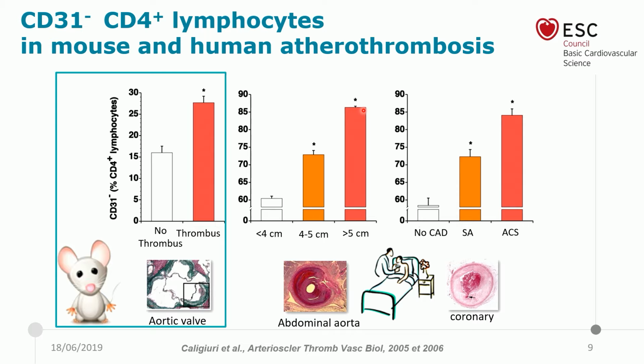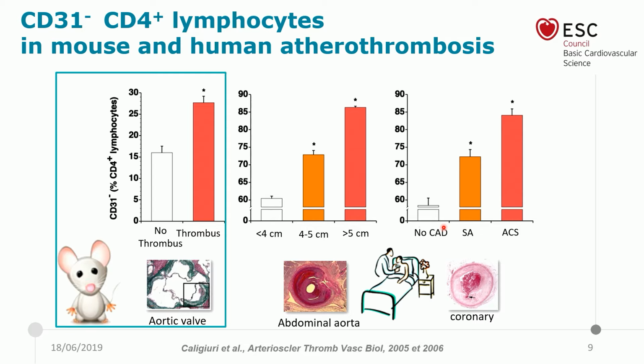The same we found, even though I never published it, in coronary artery disease. In patients with stable angina, acute coronary syndromes, and patients that had chest pain but in the end had normal coronary arteries, it was the same trend.